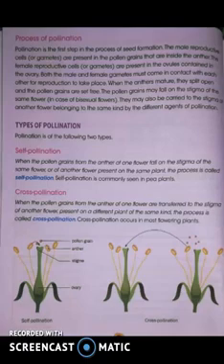If the pollen grains from the anther of one flower fall on the stigma of the same flower or another flower present in the same plant, it is called self-pollination. This occurs in plants like the pea plant. While if the pollen grains from the anther of one flower are transferred to the stigma of a flower of a different plant, it is called cross-pollination. It occurs in most of the flowering plants.